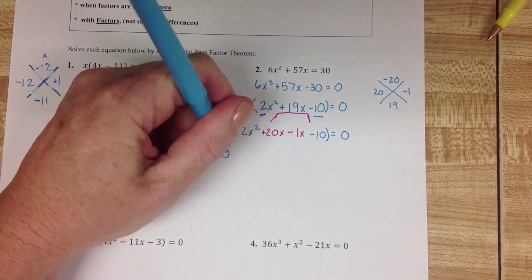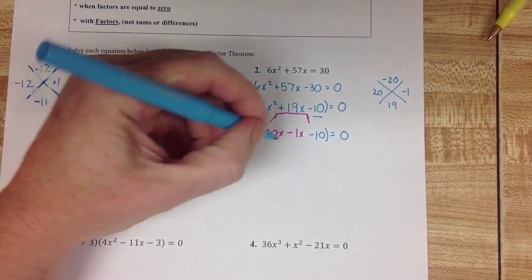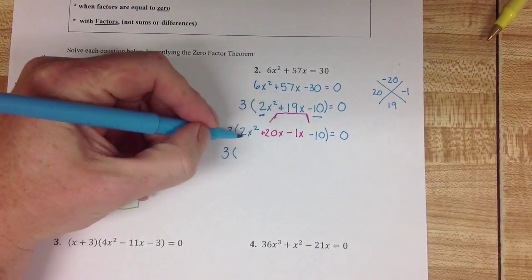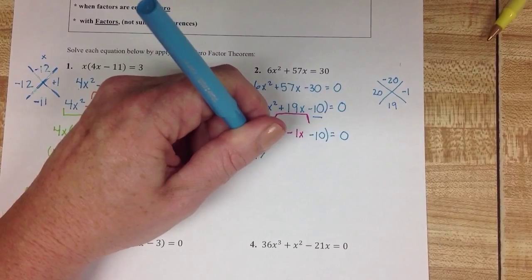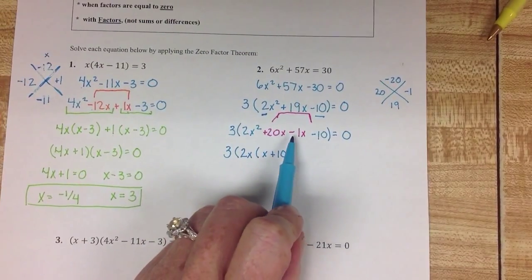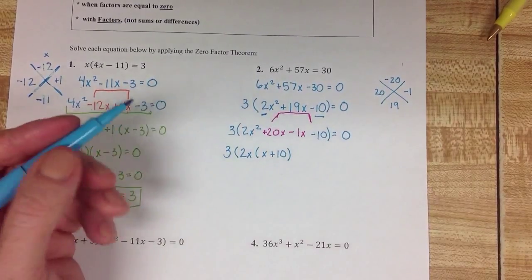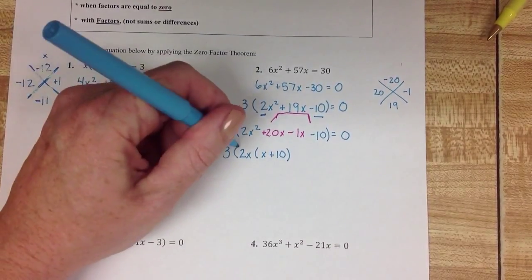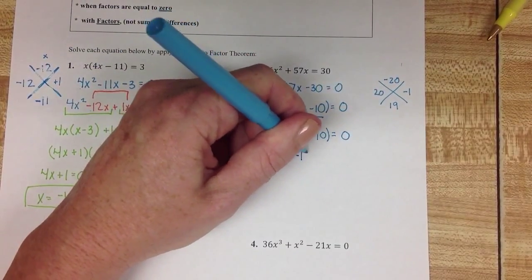Then I factor the polynomial. Out of this first term, I can get a common term of 2x, which is going to leave me with an x plus 10. And out of this next one, negative 1x and negative 10, the only thing those two have in common is the negative.